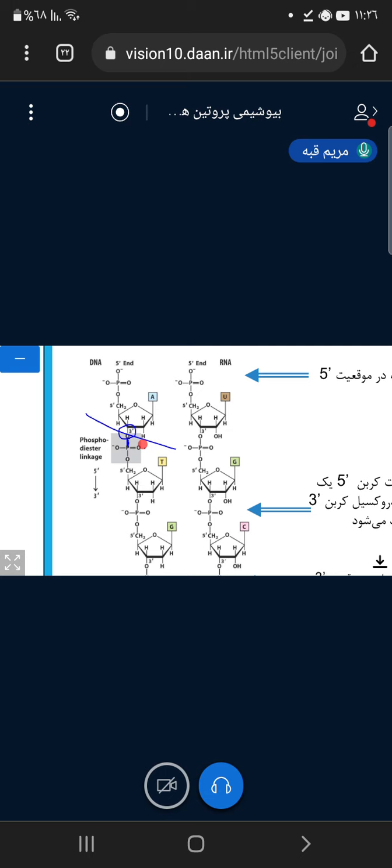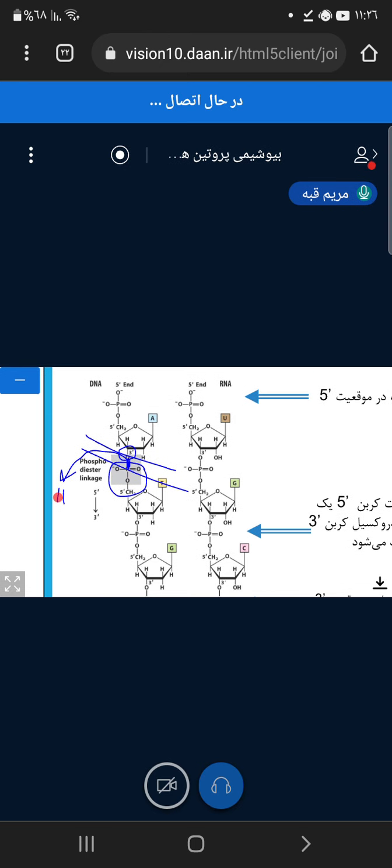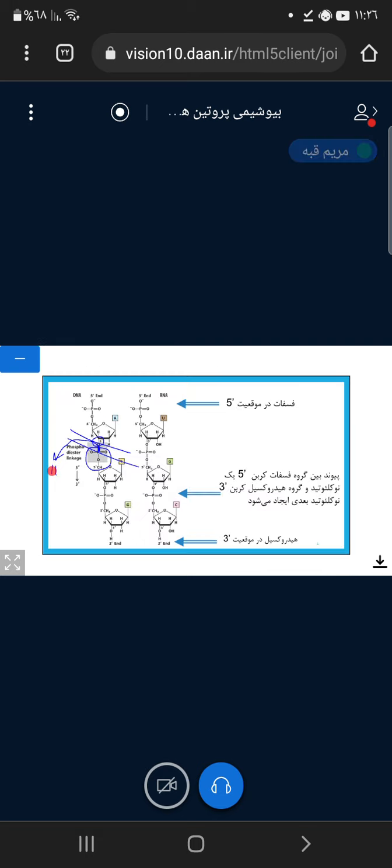The phosphodiester linkage is formed between the hydroxyl of 3 prime of one nucleotide and the phosphate attached to the 5 prime of the next nucleotide. So the phosphodiester linkage is formed between the hydroxyl group of 3 prime of one nucleotide and the phosphate group of the next nucleotide, and this phosphate is attached to the 5 prime of the next nucleotide.